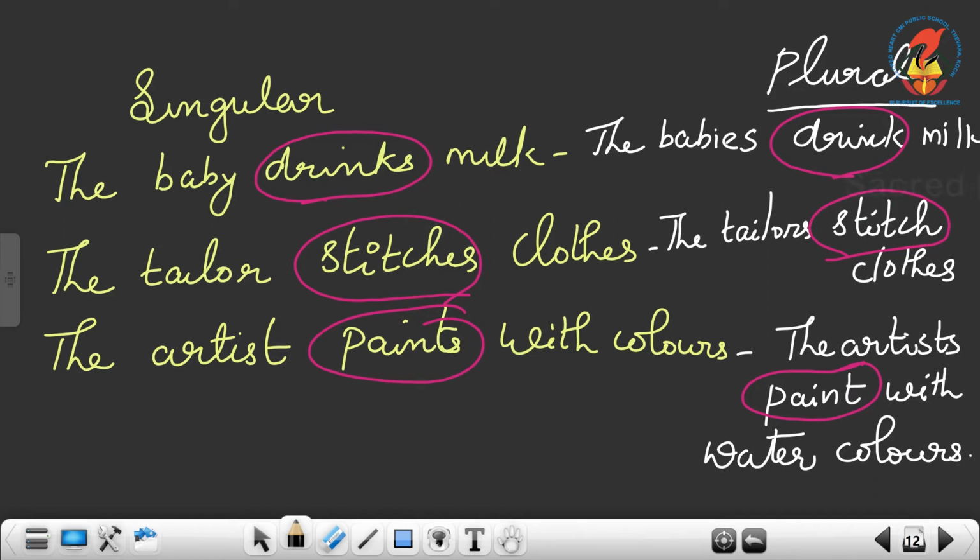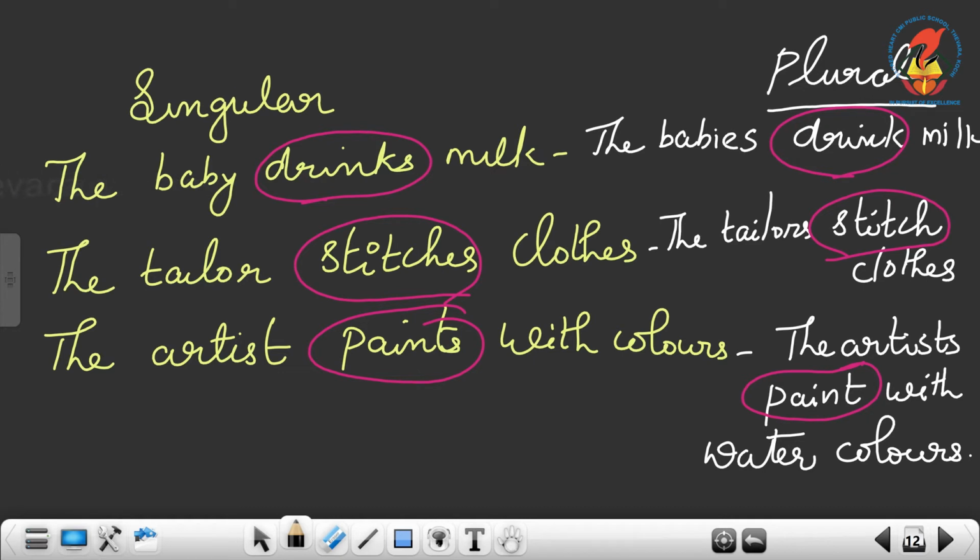Now the tailor stitches clothes. Why I use stitches here? Because the tailor is singular. Okay, now the same example I am making it plural. The tailors stitch. There I should only use the word stitch because the tailors, that subject is plural. So I should use plural form of the verb. And the artist paints.